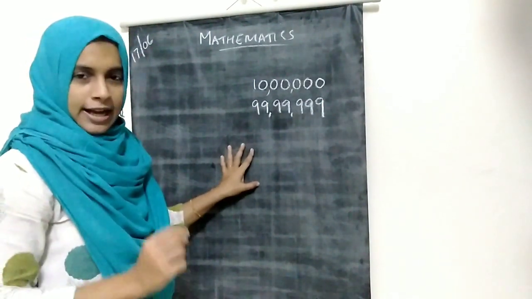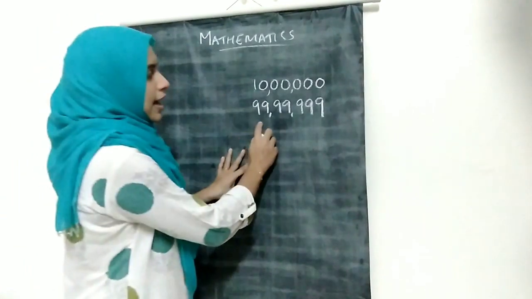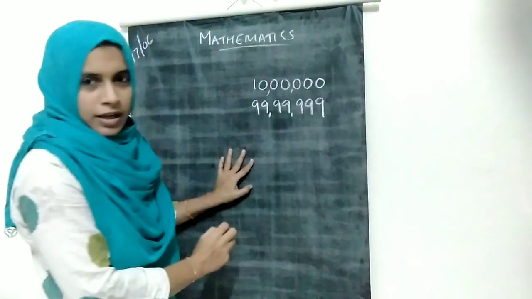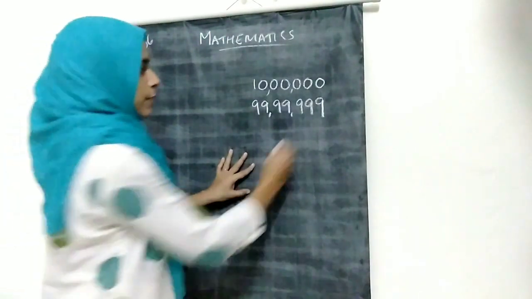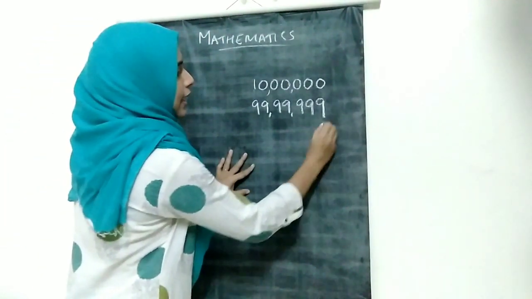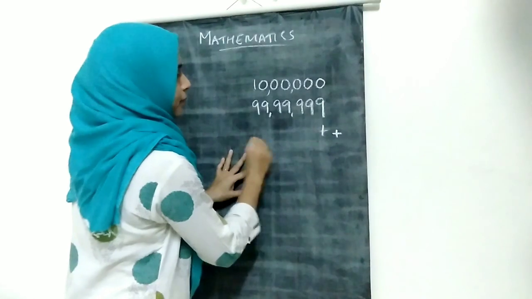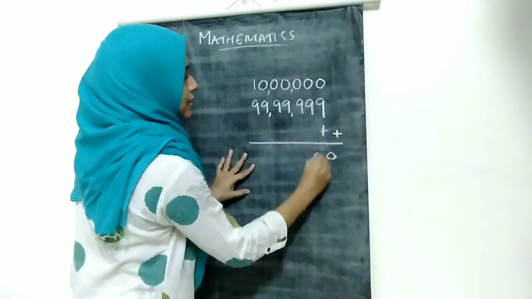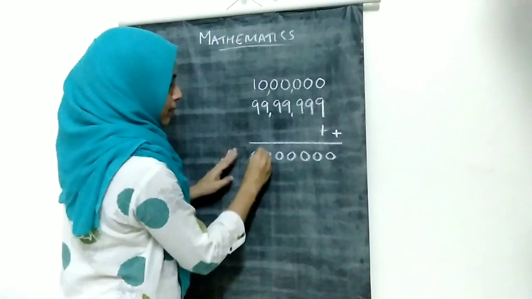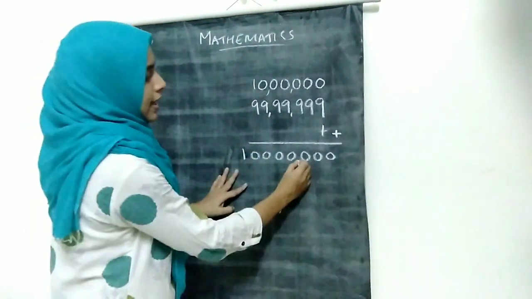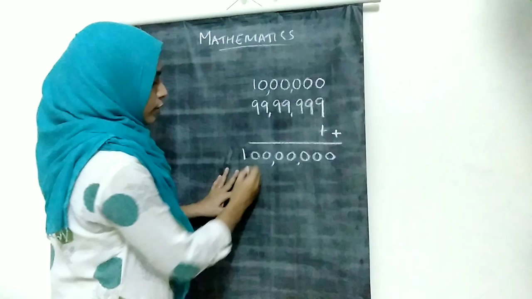If you add 1 to the largest 7-digit number, you will get the smallest 8-digit number. So I am going to add 1. So you will get the smallest 8-digit number. What is that?